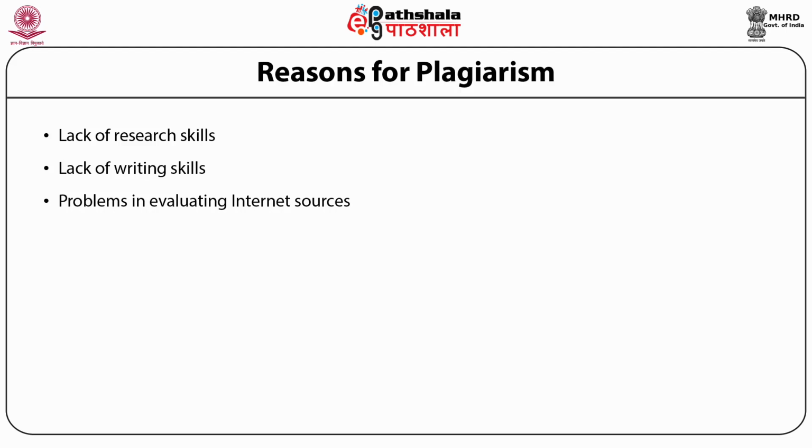For example, whenever we download something and use it as a reference, we should be able to evaluate the internet source from which we have downloaded that information, and we should be able to provide that information in a proper way. Confusion about how to cite sources. It's due to the authors may not understand how to cite the source which they have used. For this, one should learn how to cite the sources.